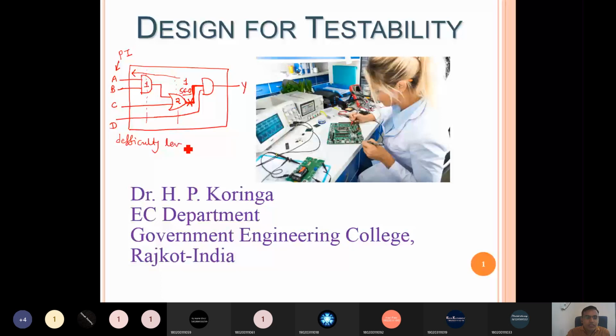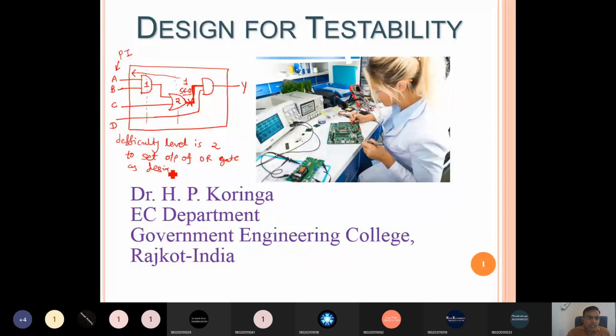Here the difficulty level is 2 to set the output of the OR gate to the desired logic.